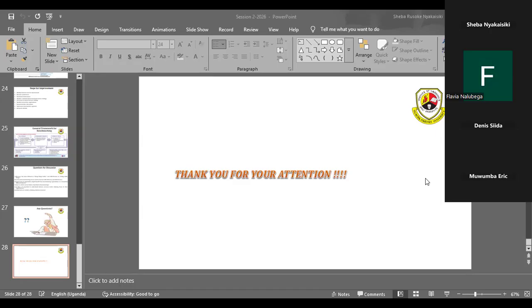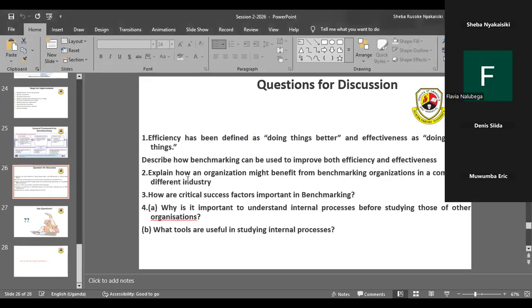Now, coming down to your question of how do you justify the costs vis-a-vis the value? Simple thing, Dennis, improvement. Coming back to the questions on this slide, doing things better or doing better things brings about efficiency and effectiveness.